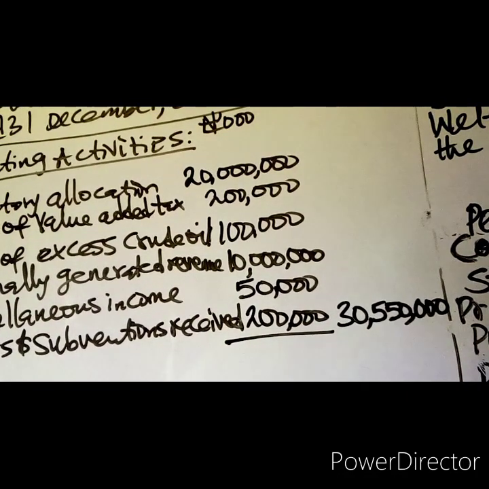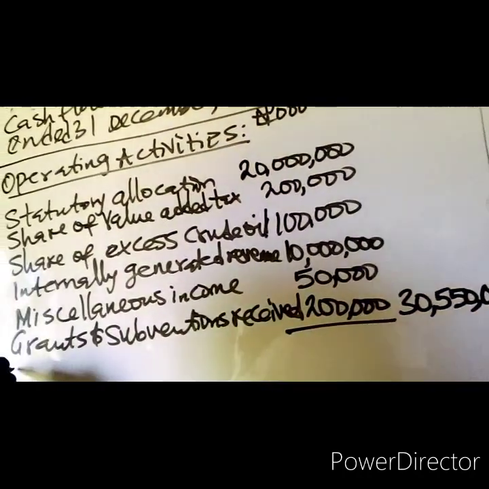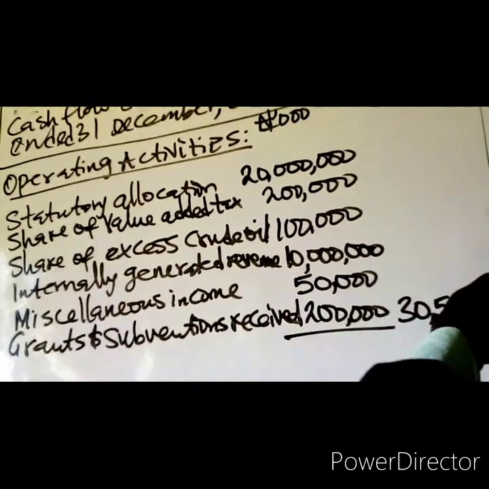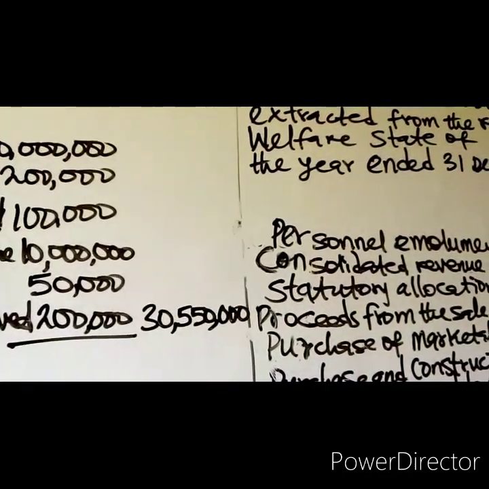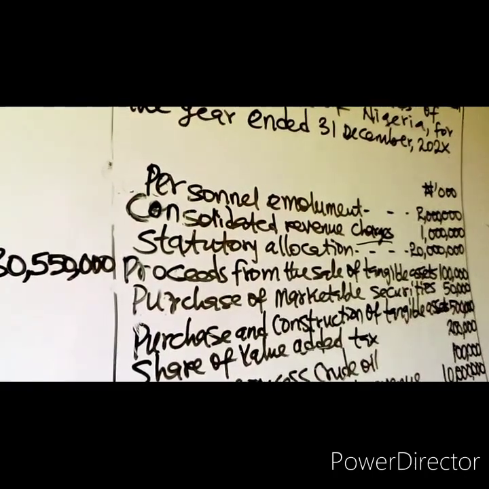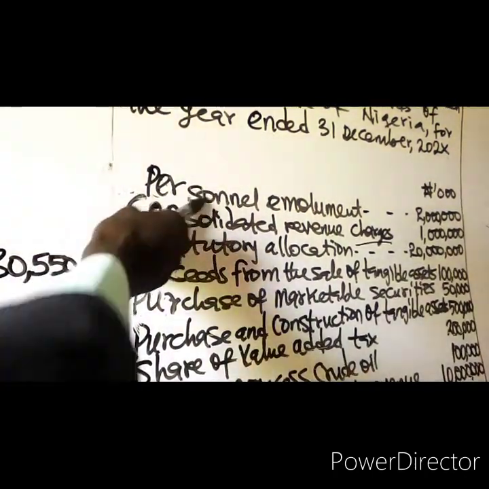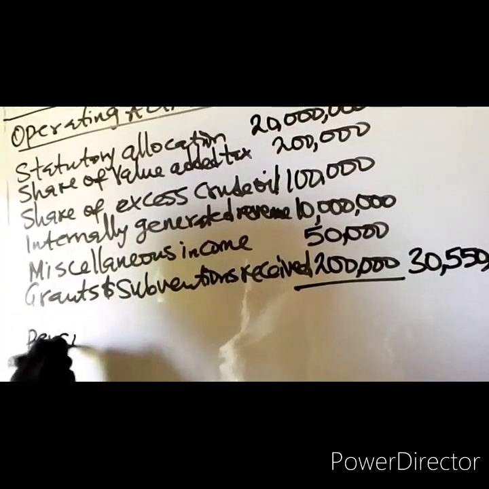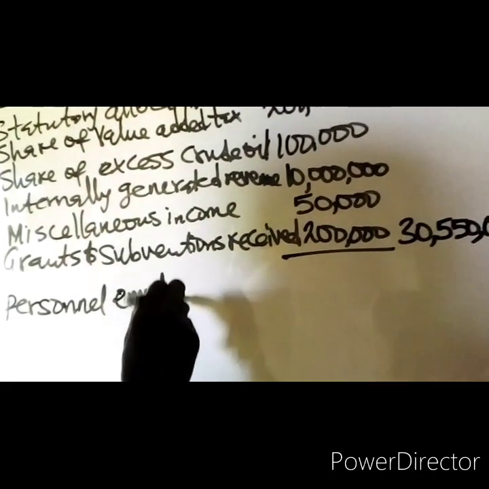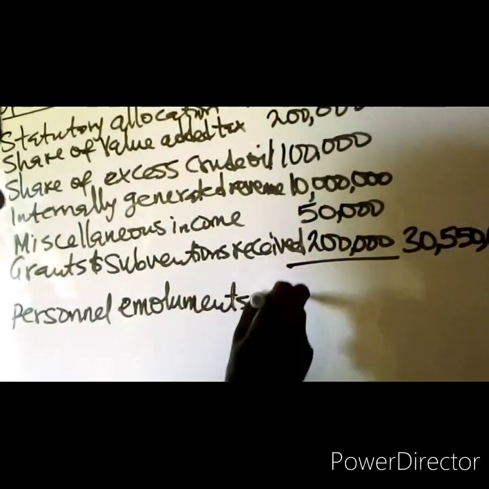After revenue, you have the expenditure. So less the expenditure. The expenditure includes, the first one, personnel emolument, and that is 2 million. So we less it. Personnel emolument is 2 million.